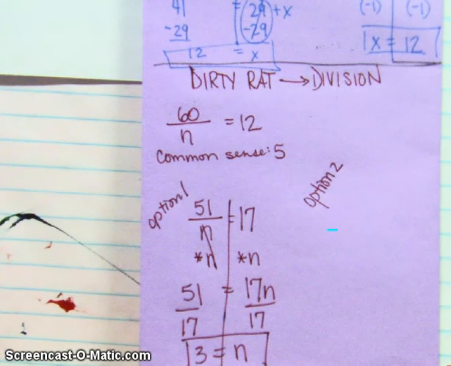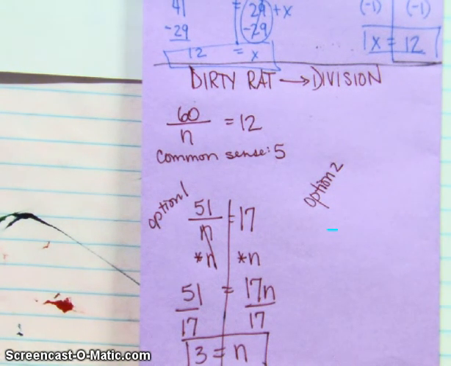is if you understand fact families. That if 5 times 12 is 60, that means that 60 divided by 5 is 12, but also 60 divided by 12 is the number that we're looking for.